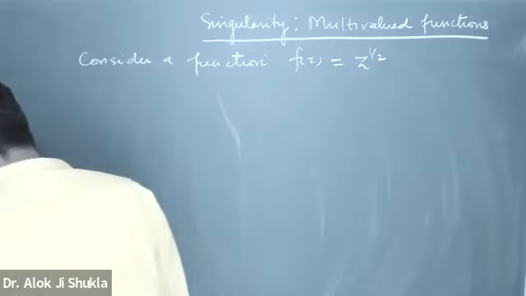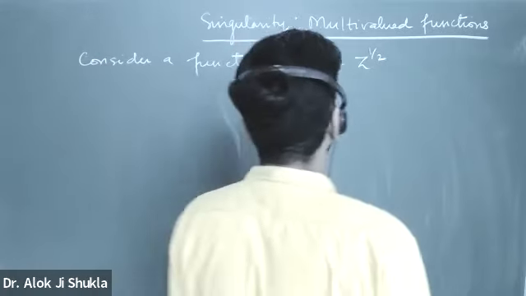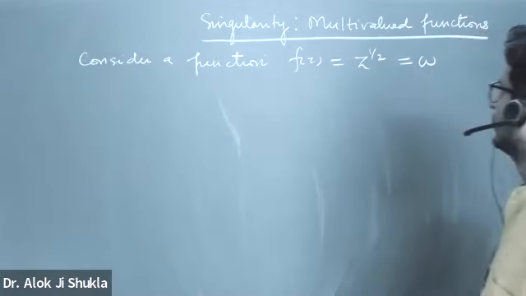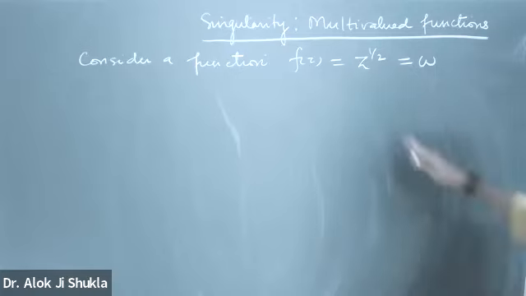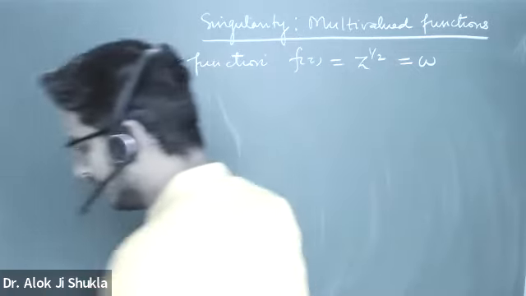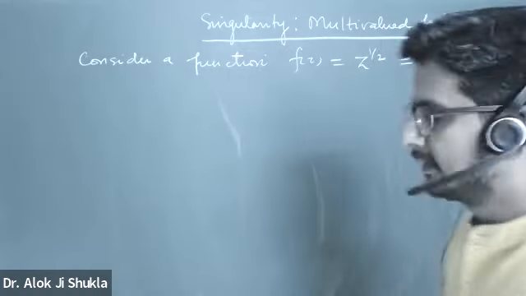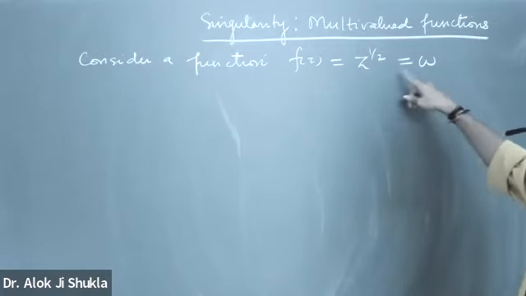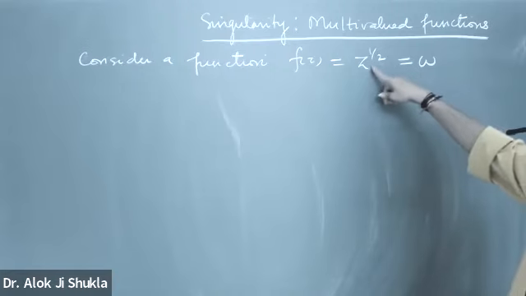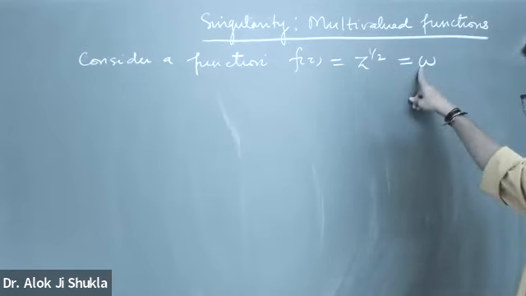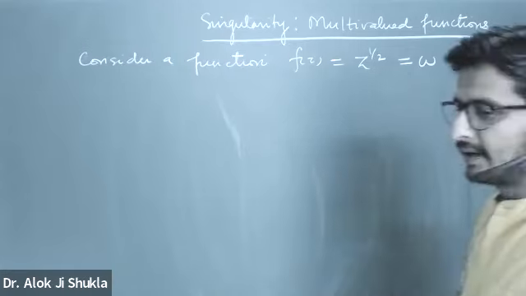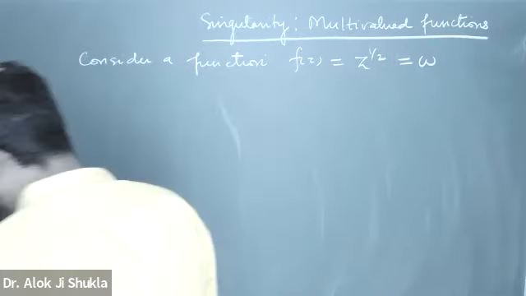And if I take this to be equal to omega, then what you will see is that in this space we will have two copies of this, because omega square will be equal to z, and then omega will be equal to z to the power half and minus z to the power half.